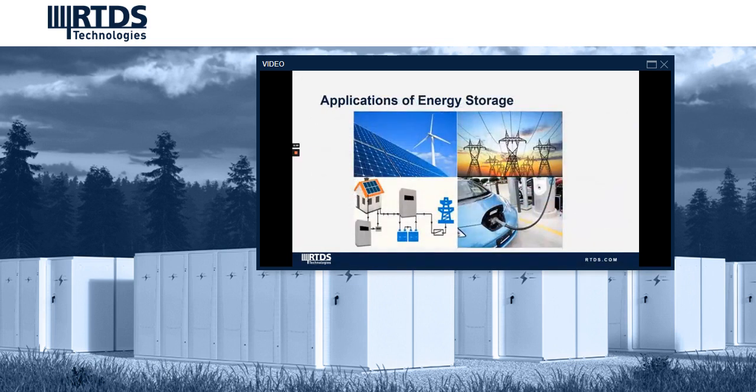Several applications of energy storage systems include allowing the integration of solar and renewable energy sources. Energy storage systems help to address the technical challenges related to the stability and control of variable renewables, which provide difficulties in integrating them into existing grids in a cost-effective manner.